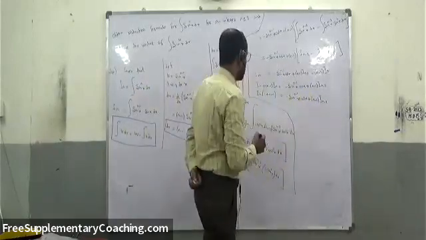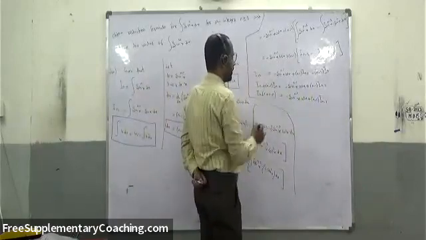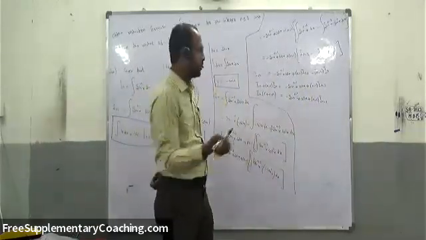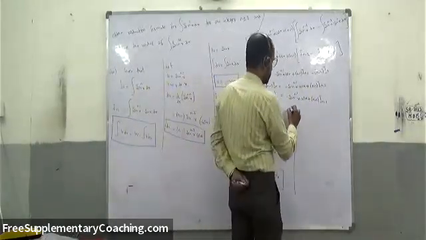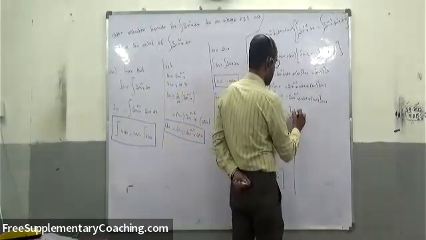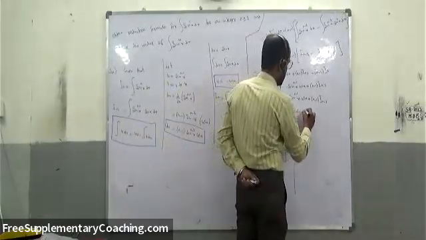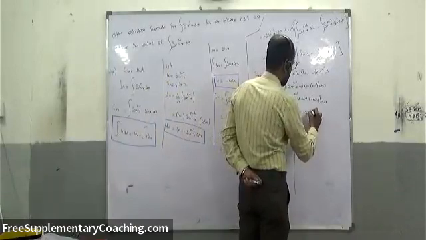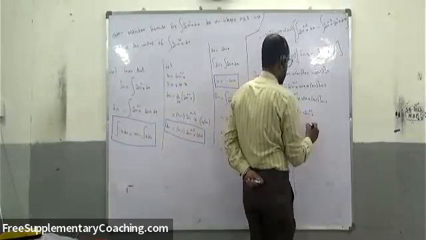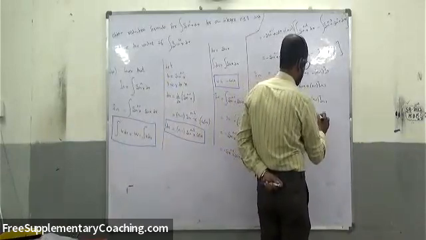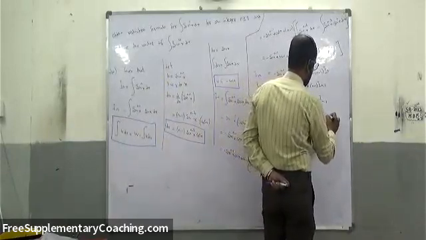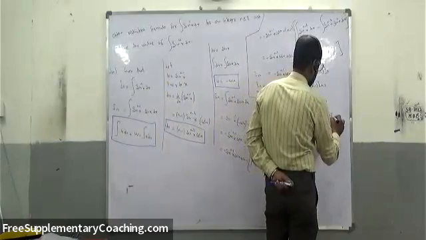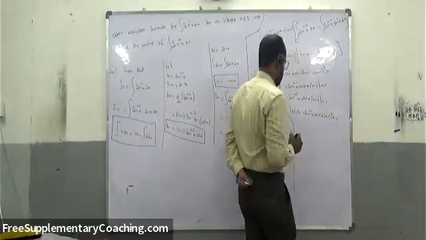Okay, so here plus 1 minus 1 gets cancelled. So what we are having in the LHS, in the bracket, n In is equal to minus sine power n minus 1 x into cos x plus n minus 1 into In minus 2.